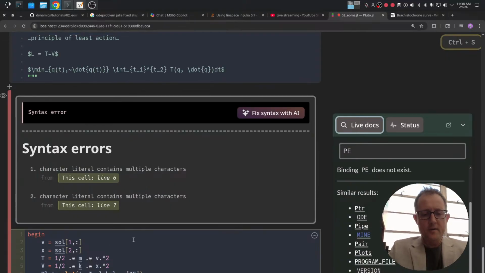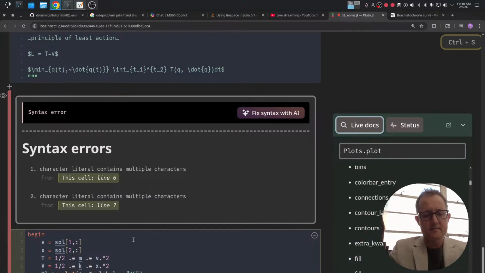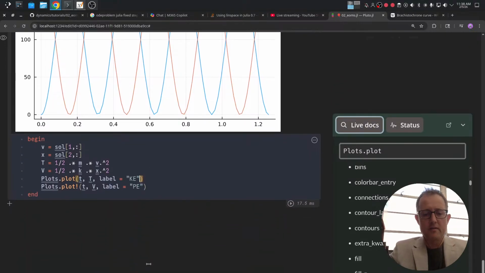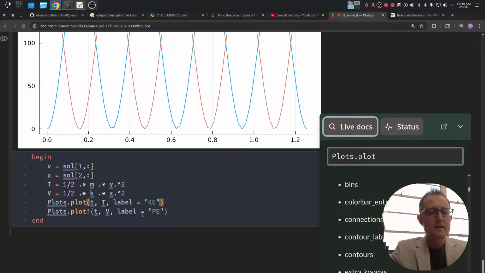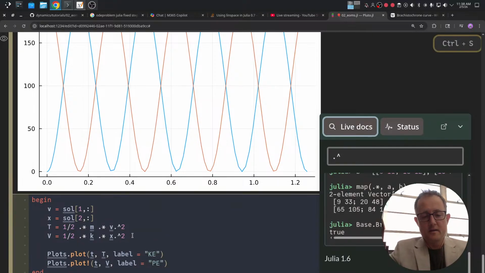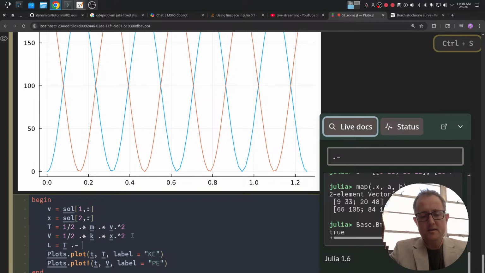Why? Oh, sometimes you have to use these. Yeah, okay. So it likes the double quotes rather than the single quotes. So I've got those, which means that I could also define L is T minus V.